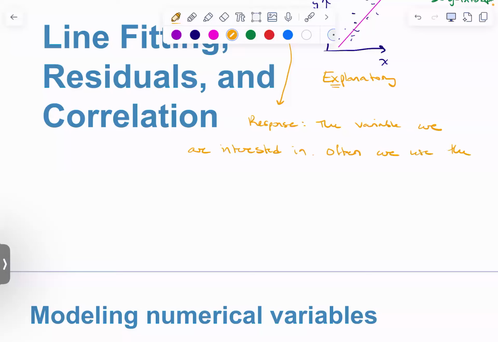So I'm going to stop or kind of wean us off of calling it the line of best fit, and I'm going to start to call it the regression line, but they're the same, so you can link those two. And so often we use the regression line to predict values of y.